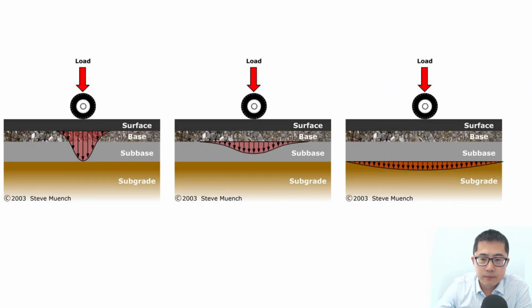We have some load distributions when your load travels through, and all those repeated loads will create compression when the load is on, and then some suction between the soil when the load is off.